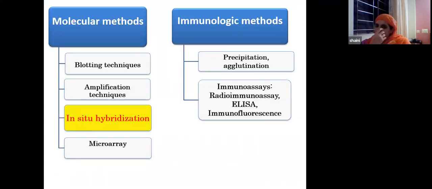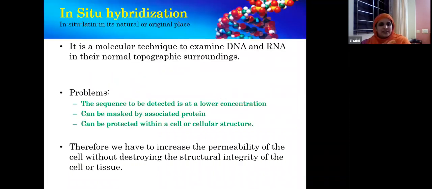Now, coming to the next technique, in situ hybridization. In situ, as the word meaning says, means identifying the DNA or RNA in its natural topographic location. What we saw in blotting techniques and in PCR was that we are extracting the DNA out, putting it into a solution, and then putting it into the machine.